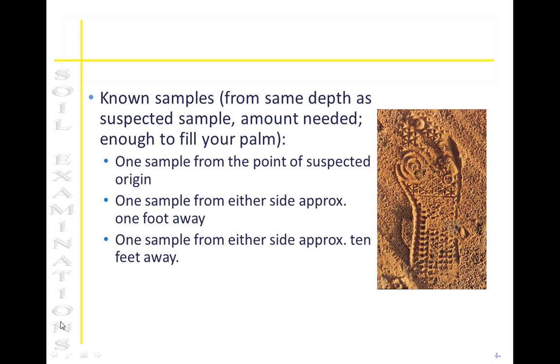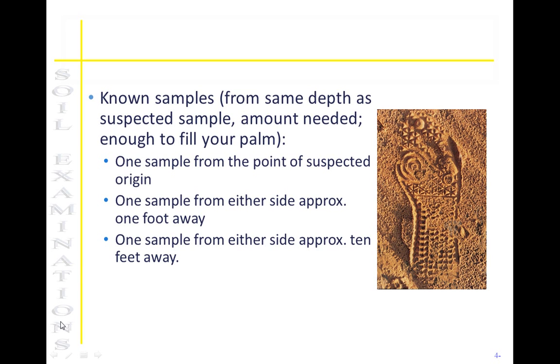And also with known samples, you need to have more variety to the knowns. Since soil can vary even within small areas, you want to attempt to take a known sample from the point that you actually suspect the transfer occurred from, but then also from several surrounding areas.